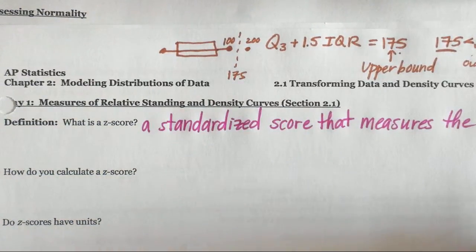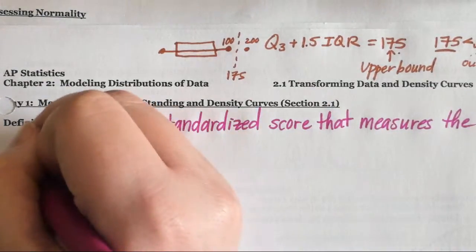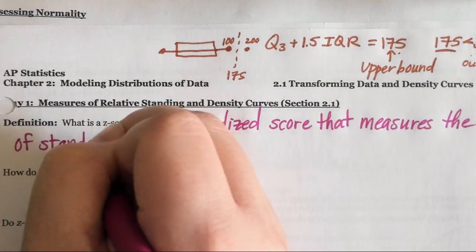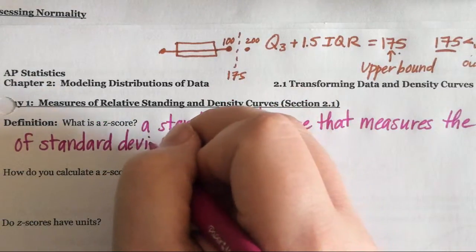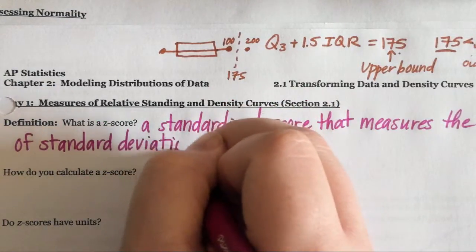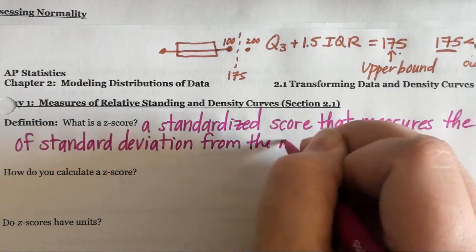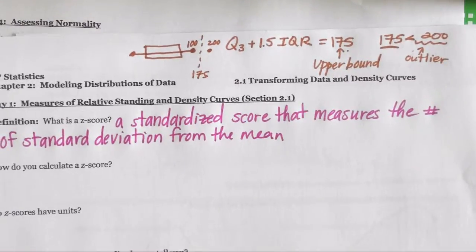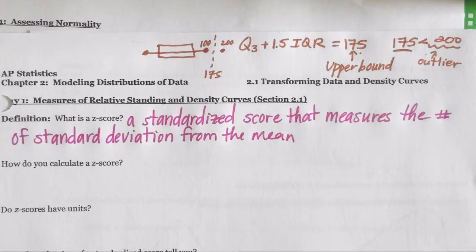Okay, it's a standardized score that measures the number of standard deviations from the mean. That's the thing you hate already because you don't remember the formula, but it's on your formula sheet and your calculator does it for you. Okay, a standardized score that measures the number of standard deviations from the mean.